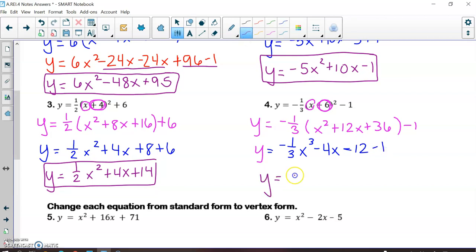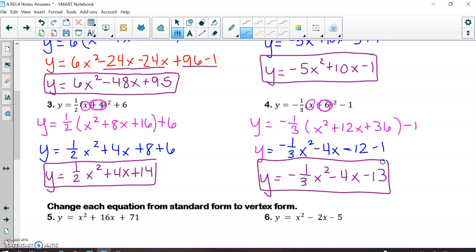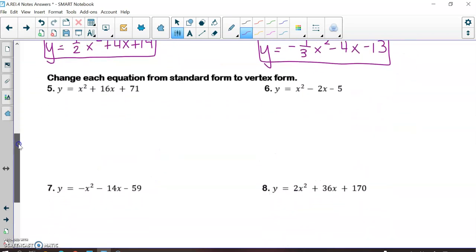Combining like terms, I wind up with y is equal to a negative 1/3, and sorry, this should be an x squared, minus a 4x minus a 13, and that is now in standard form. All right, so that's going from vertex form to standard form. Now we're going to go from standard form to vertex form.